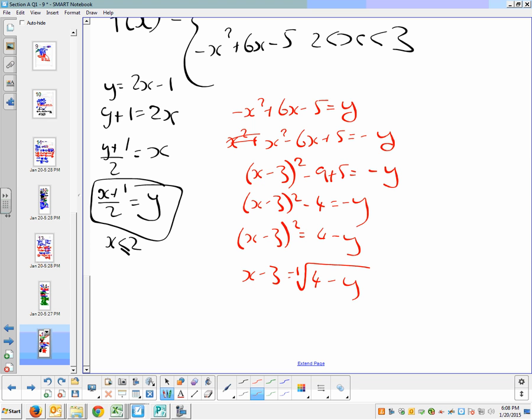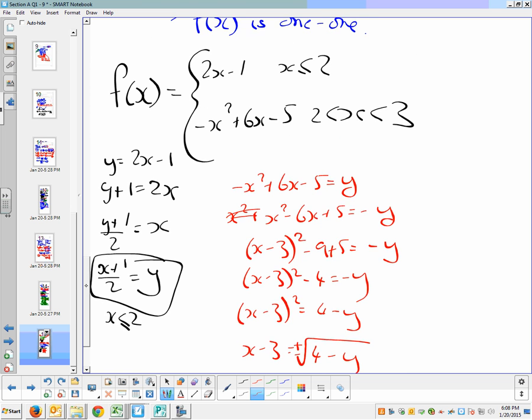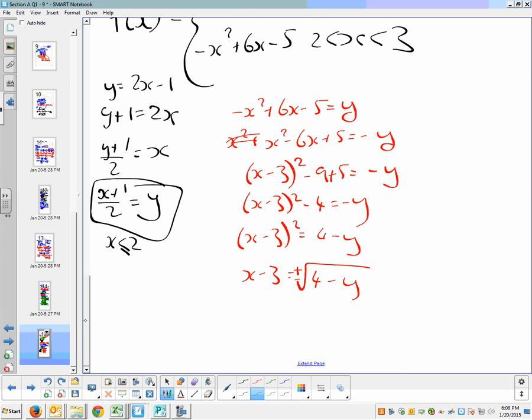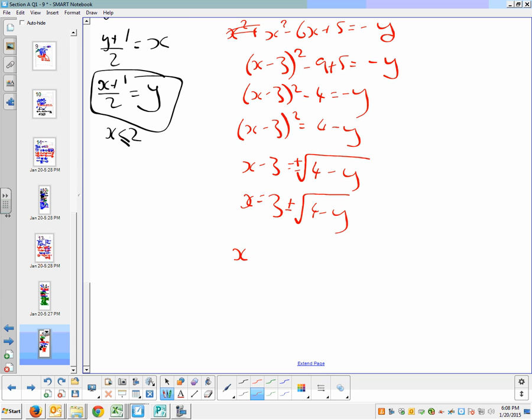And we have to think about whether it's the positive or the negative square root we want, which is a tough one, actually. We'll come back to that in a second. Which means that x is equal to 3 plus or minus the square root of 4 minus y. Or flipping it round, y is equal to 3 plus or minus the square root of 4 minus x.